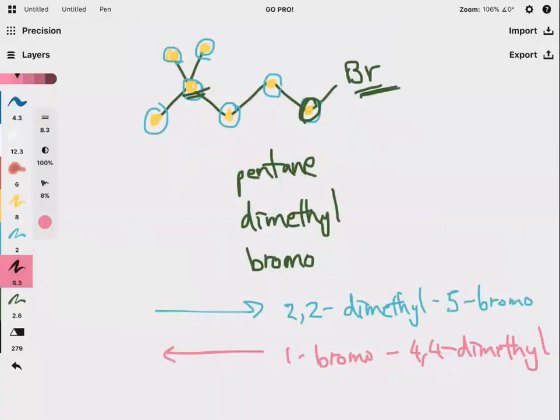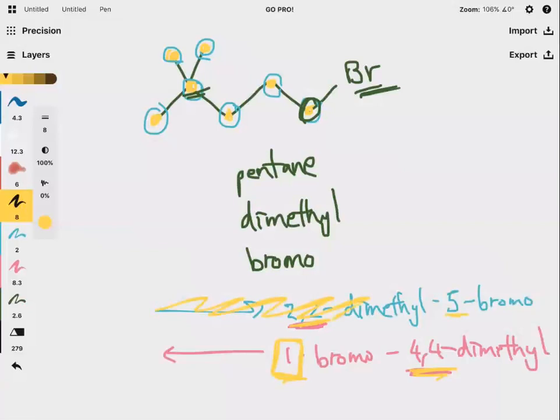Now, I know you might think that we have 2 4s here and we only have 2 2s there, so that might be better going from left to right. But the fact that we have a 1 for the bromo here, and we don't have a 1 in the blue going from left to right, makes the pink numbering from right to left the better numbering sequence. So 1,4,4 beats out 2,2,5.